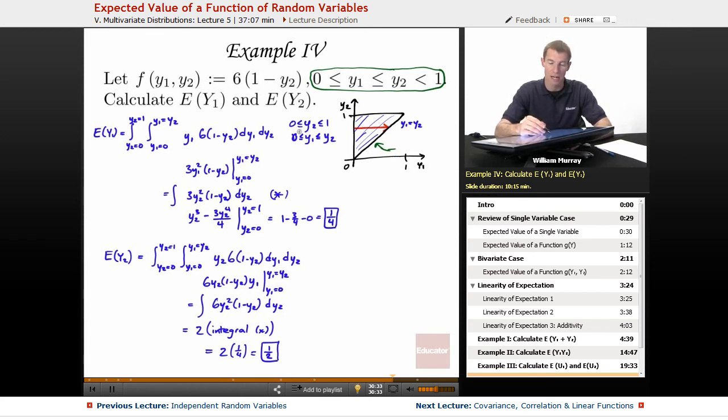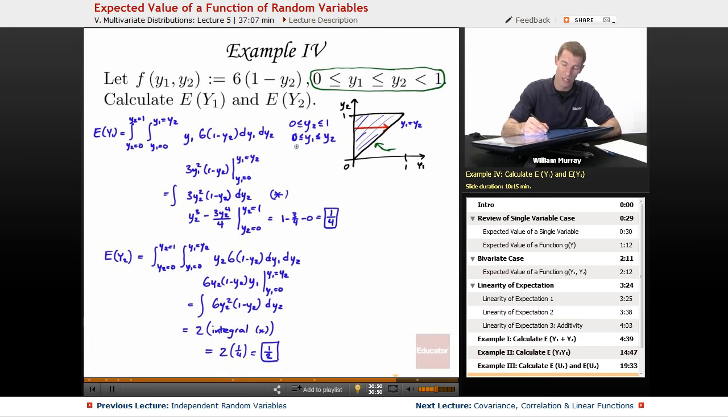So that means describing the y2 first in terms of constants, and then describing y1 going from 0 to y2. If you just said y1 goes from 0 to 1, all of a sudden you've described a square, and that's not the region that we're looking at.